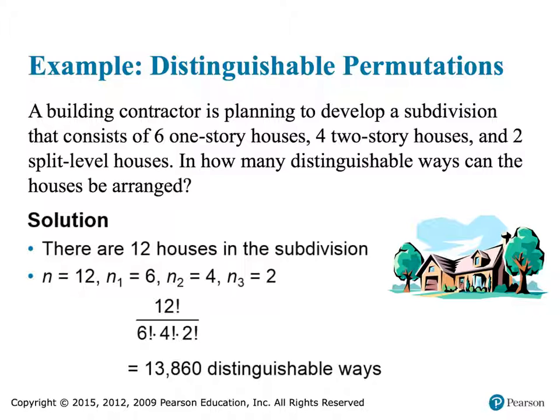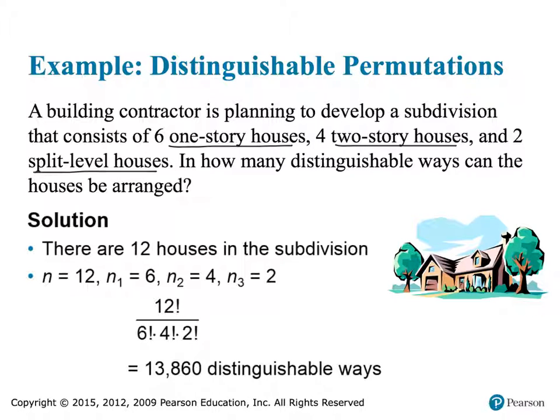Let's say that a building contractor is planning to develop a subdivision that consists of 6 one-story houses, 4 two-story houses, and 2 split-level houses. So we have 3 distinguishable groups. Those 3 groups altogether have a total of 12, because 6 plus 4 plus 2 is 12 houses.